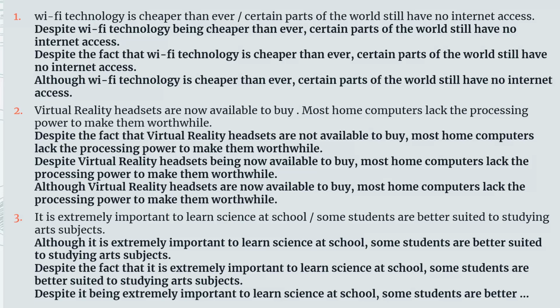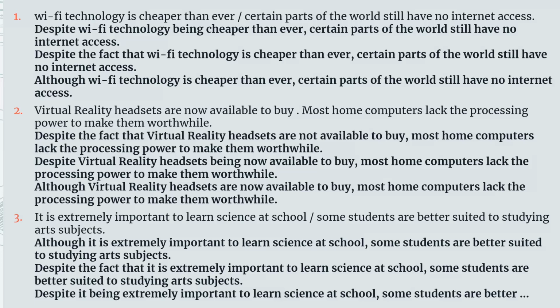Although it's extremely important to learn science at school, some students are better suited to studying art subjects. Despite the fact, or despite it being extremely important to learn science at school, some students are better suited to studying art subjects. So you could use although or despite.